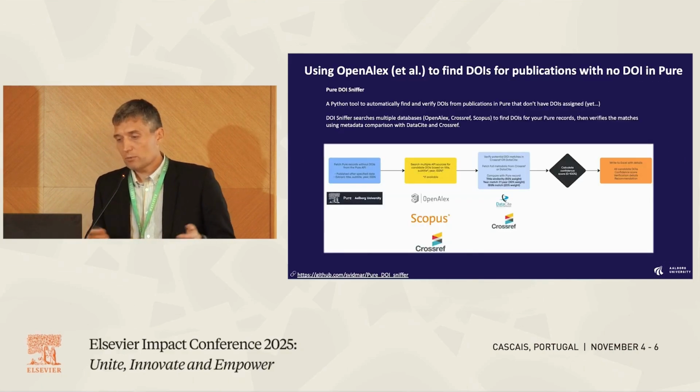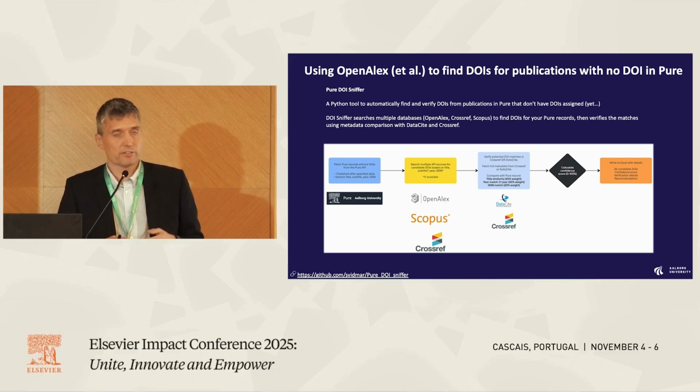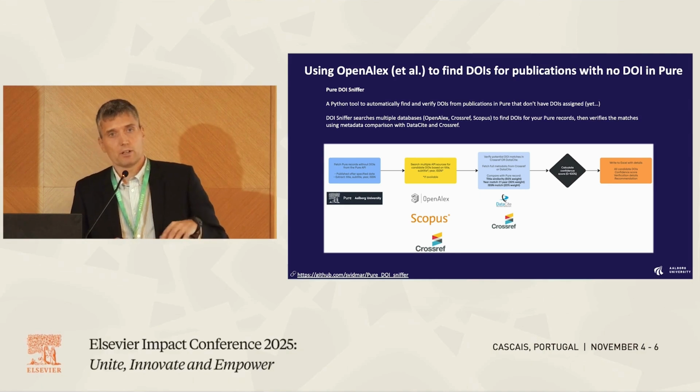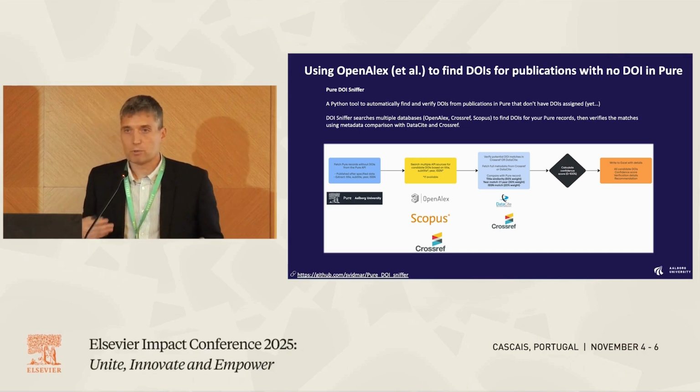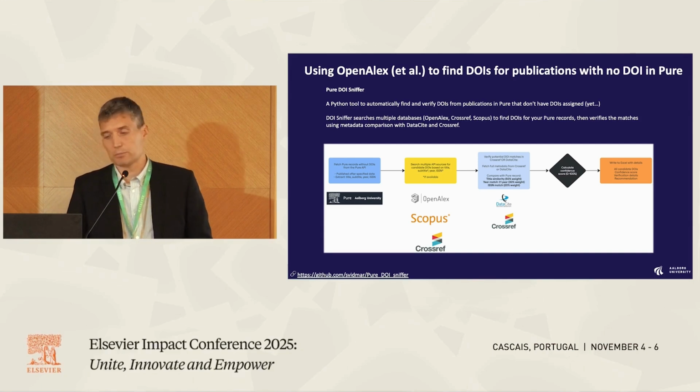But one way we've tried to use it is that we've built this tool which tries to find DOIs for publications which we have in Pure, but which do not have a DOI. Of course, we want to have DOIs on as many research outputs in Pure as possible, because there are many benefits to having the DOI in Pure.